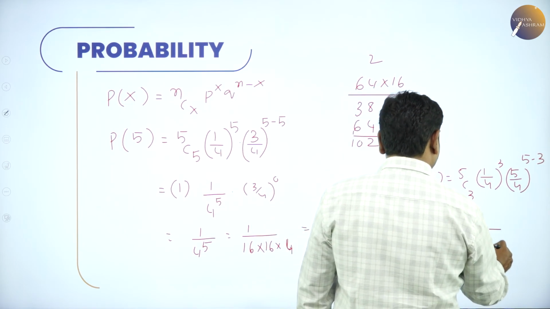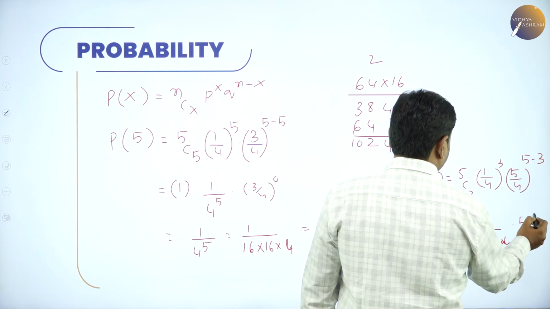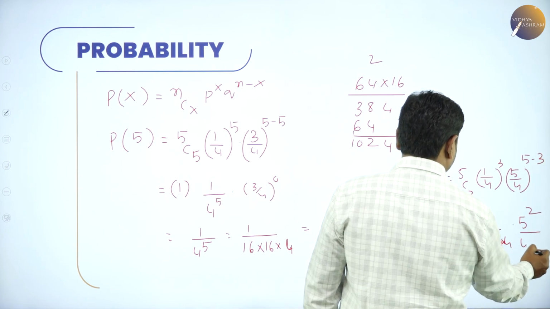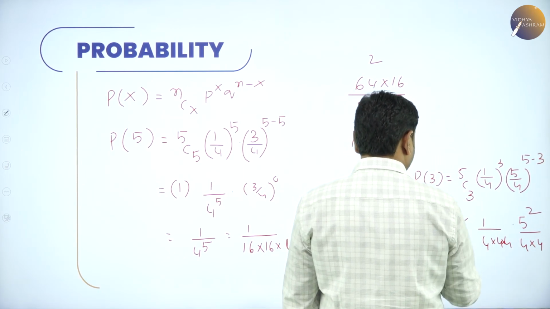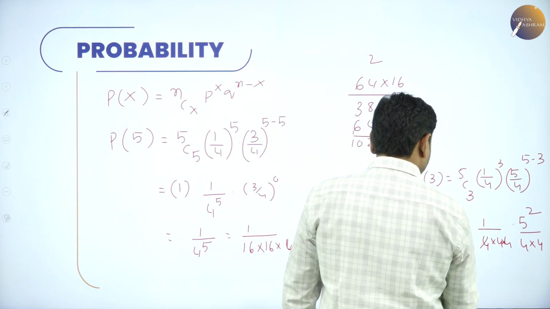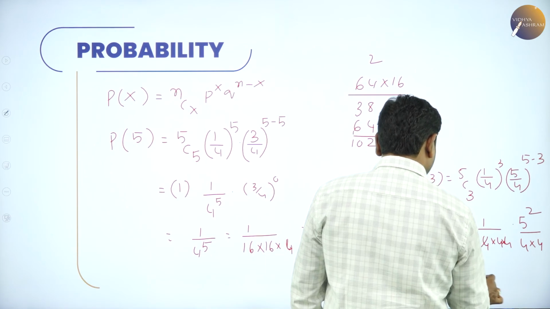1 by 4 cube, 4 into 4 into 4. So 5 power 2 divided by 4 square, 4 into 4. Here 3 cancels, 4 cancels. Numerator: 5 into 5, 25, 25 5s are 125.